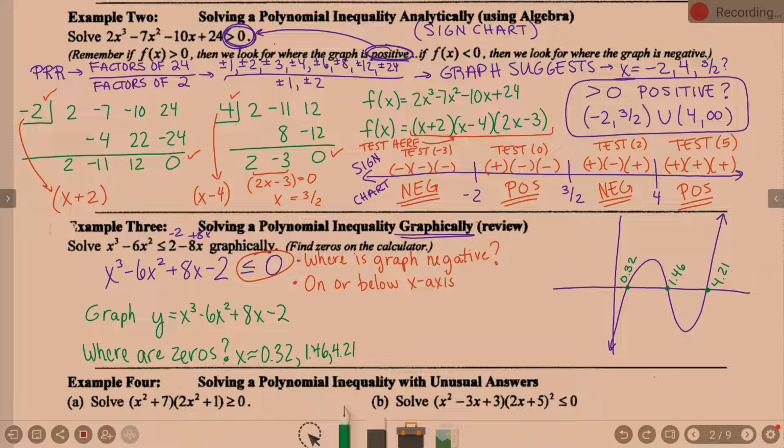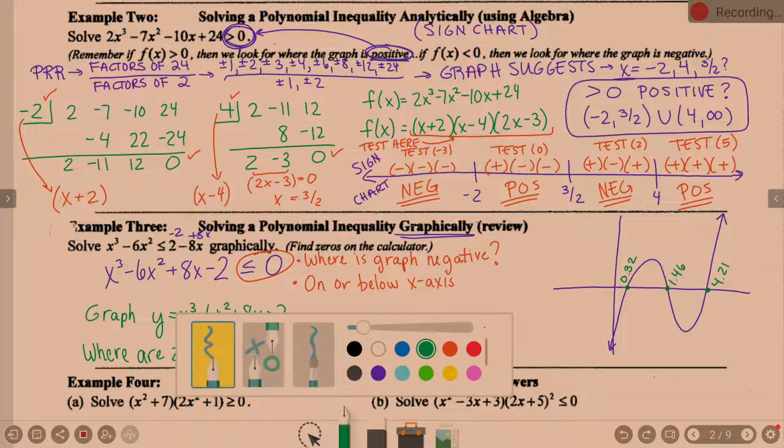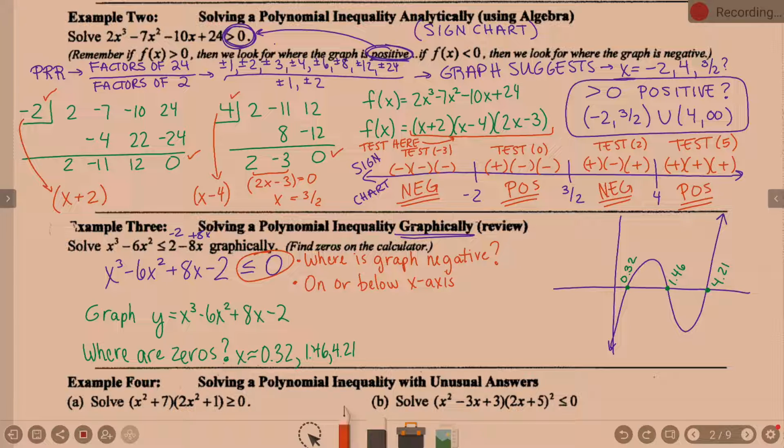Now, I'm ready to answer my question. This one goes a lot quicker because we don't have to go through all the factoring. When is this equation less than or equal to 0? That means I'm asking, where is this graph below the x-axis?